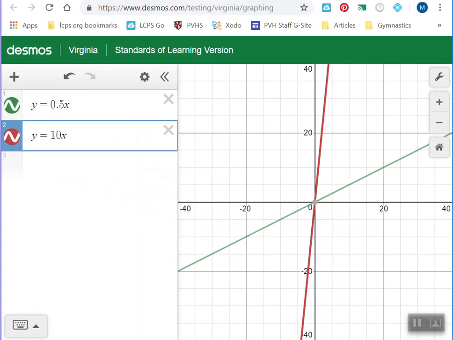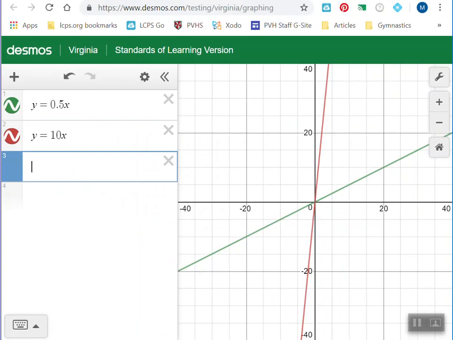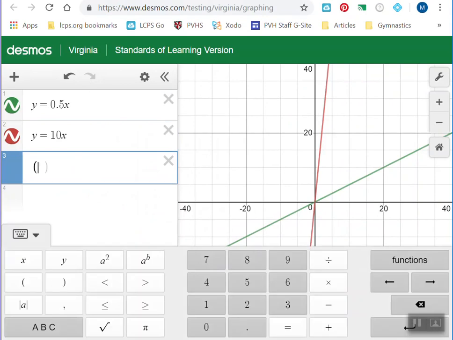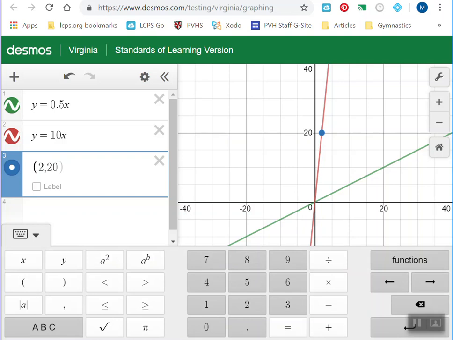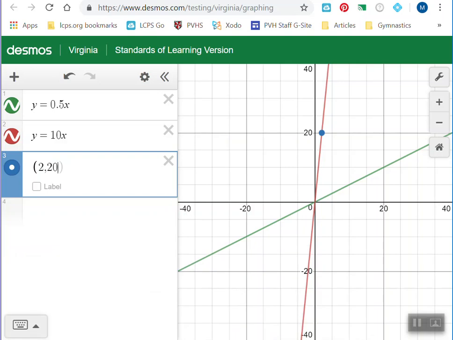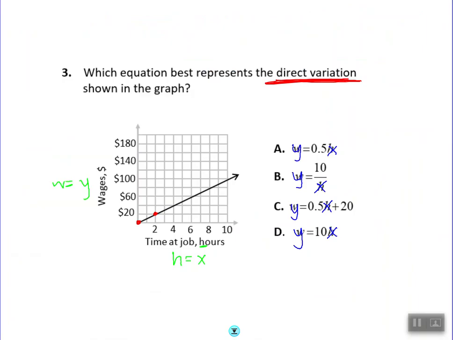Since I zoomed out, it might be a little bit hard to tell. So if you get stuck, you can just type in 2, 20. And you can see that that point is on the red line. So y equals 10x, or w equals 10h, is the best equation.